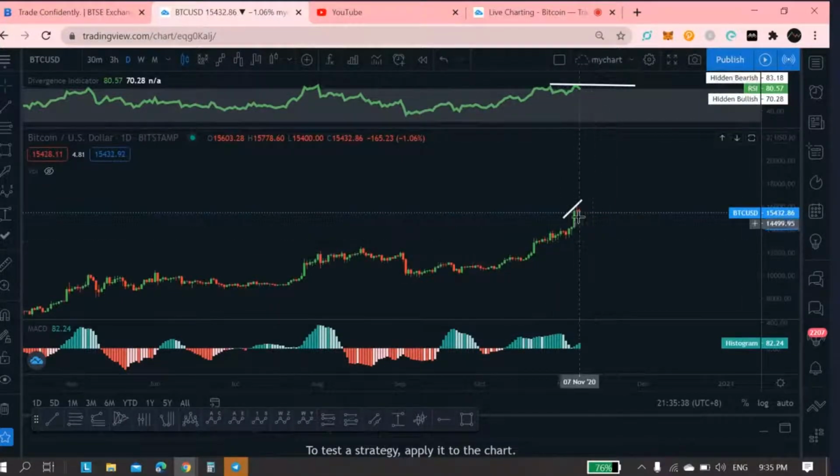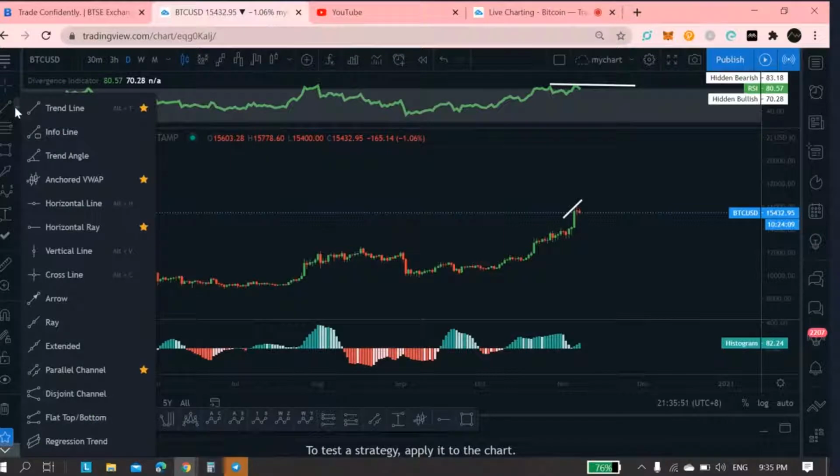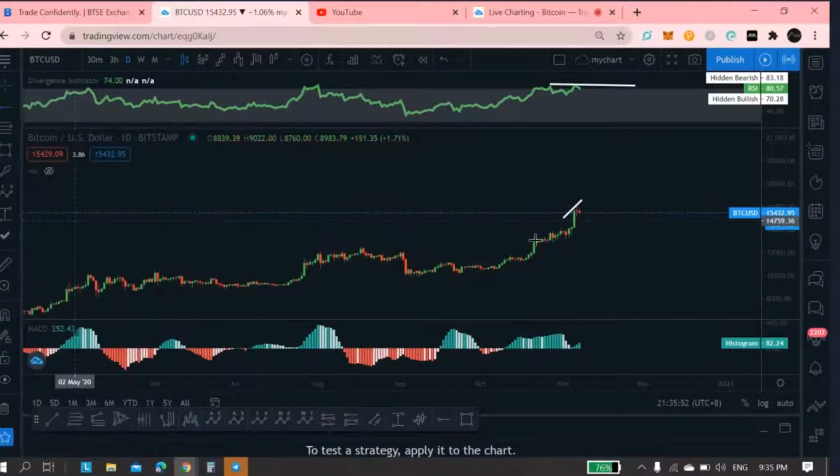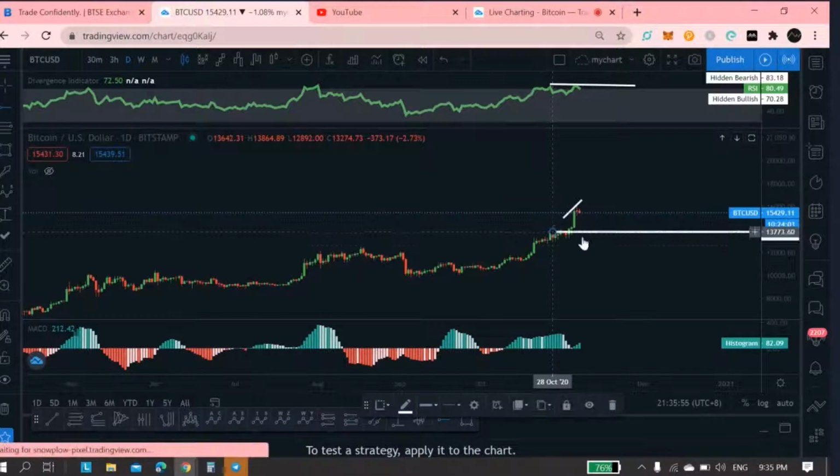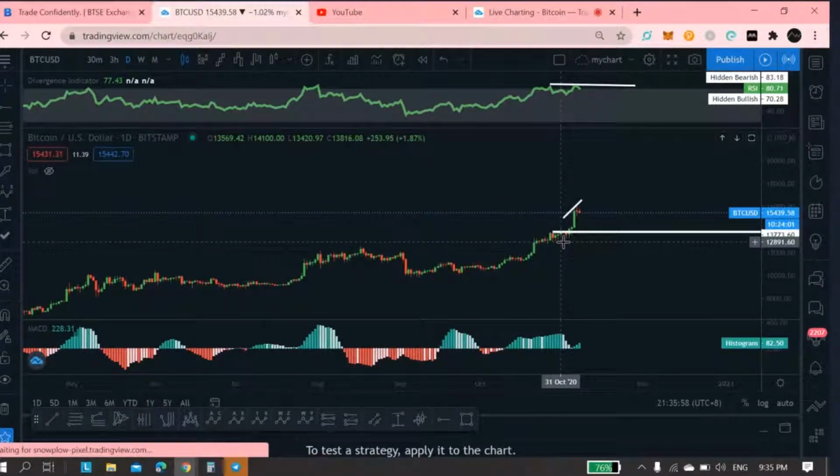That's my bias. And if the candle that will close tomorrow is red, possibly it will retest this area. There is actually also a doji here. So that's around the 13,800 area.